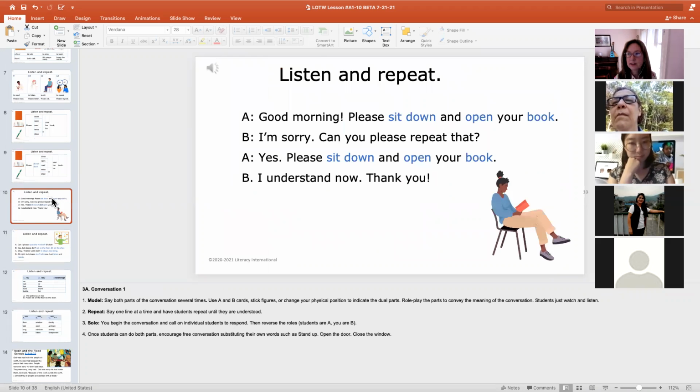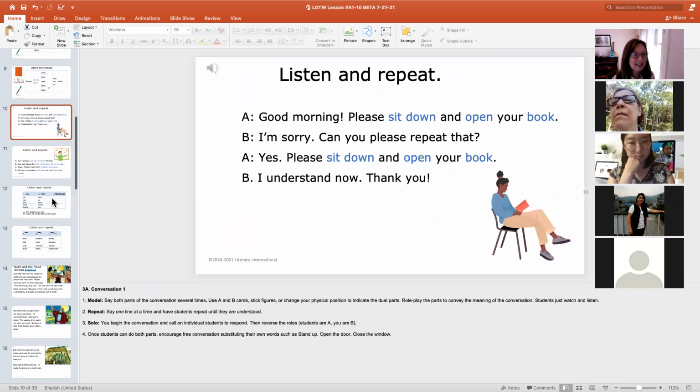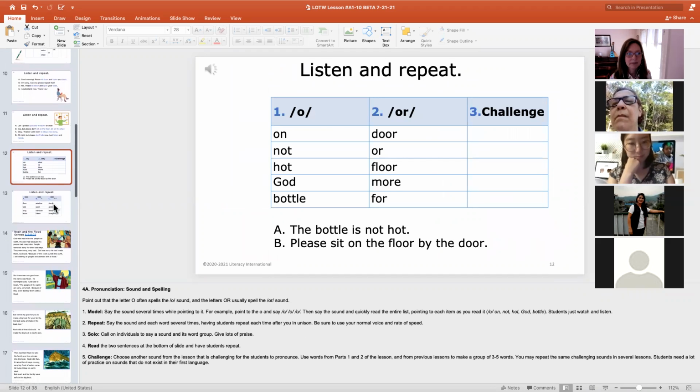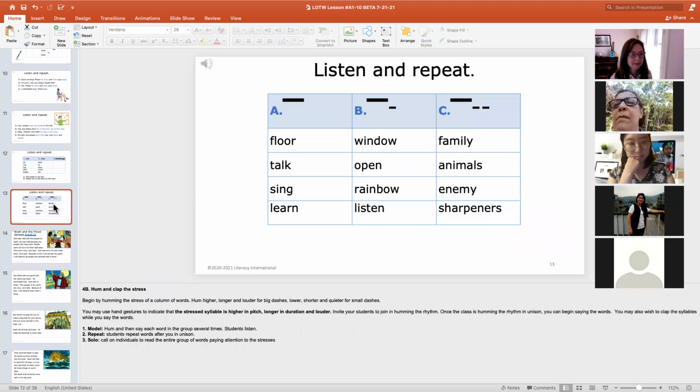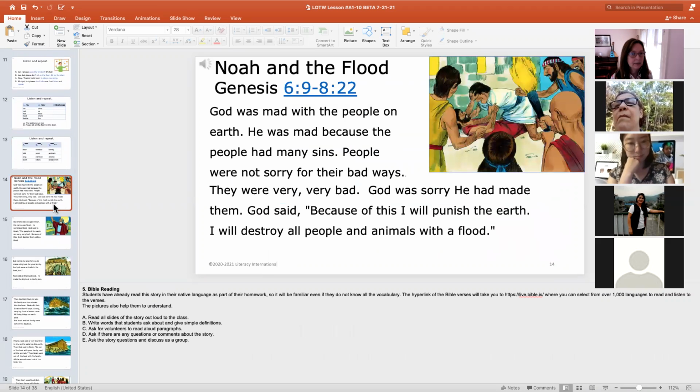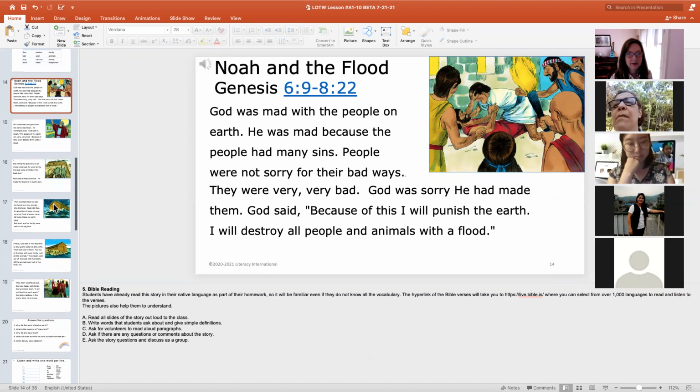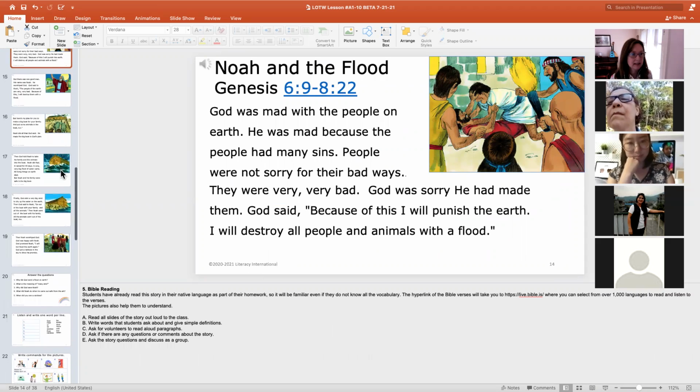The third part is conversation. Fourth, we have pronunciation, where we focus on sounds and syllables. And then part 5 is the Bible story. So in this lesson, we had the story of Noah and the flood.